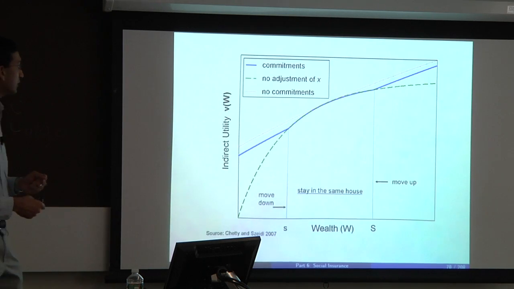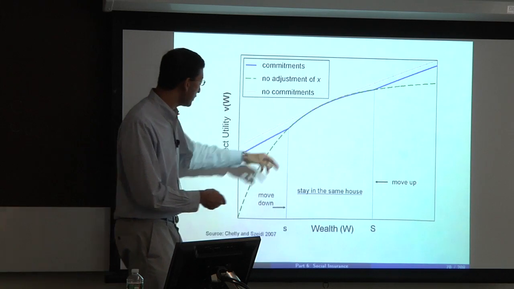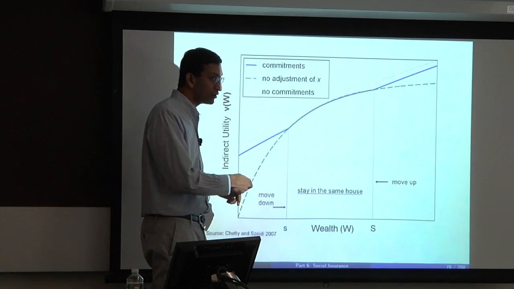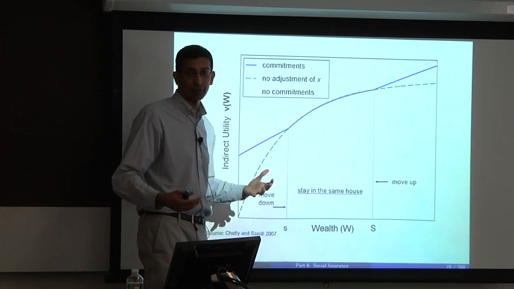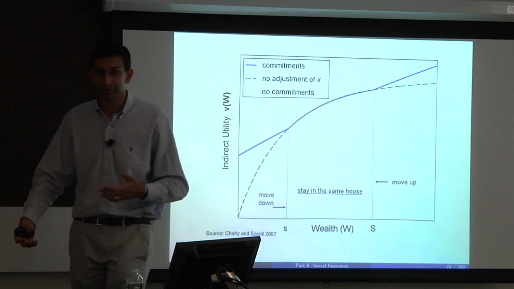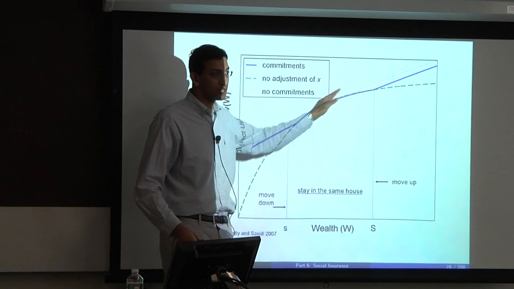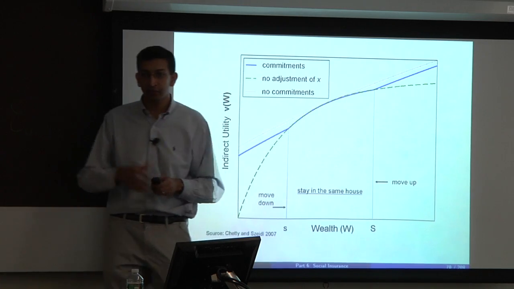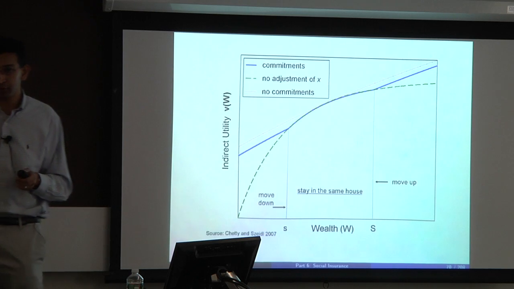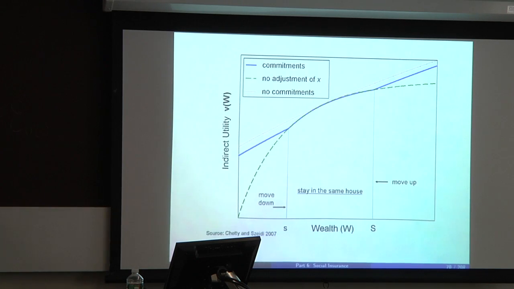Now, the key thing that the commitment model does is when you're in this range of moderate shocks, like small unemployment shocks that are not going to make you move out of your house, your utility function is going to look much more curved in that region. And the intuition is that every dollar you lose has to be borne completely on a subset of the margins.